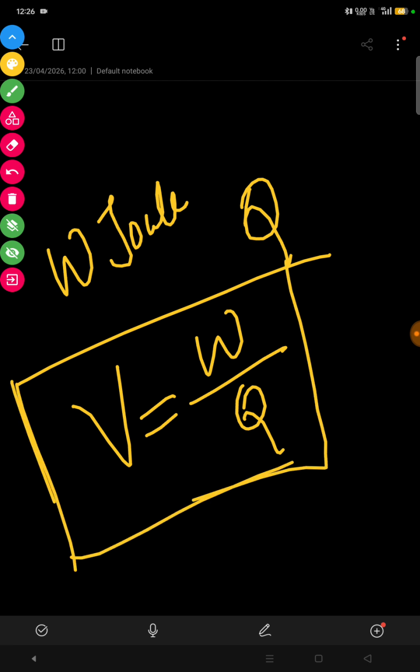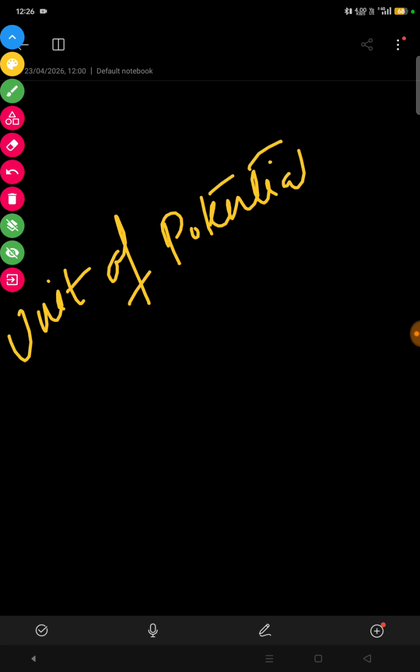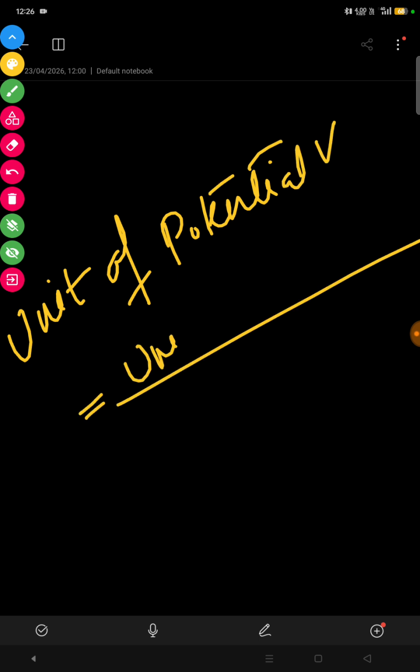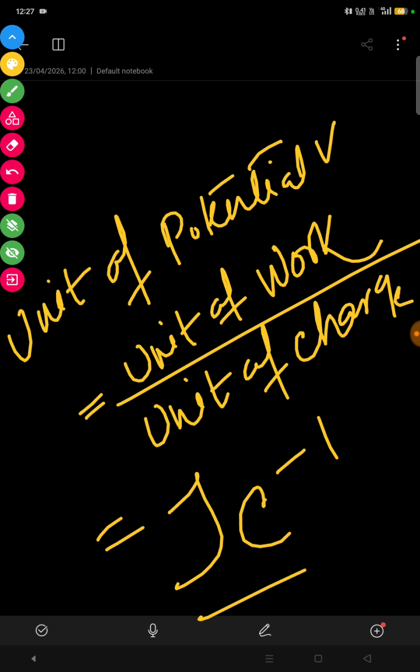That is, if W joule of work is done in bringing the charge Q coulomb from infinity to that point, then V is equal to W by Q. The unit of potential V is equal to the unit of work divided by the unit of charge, that is joule coulomb inverse.